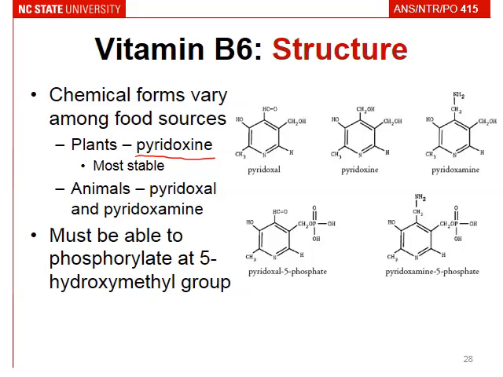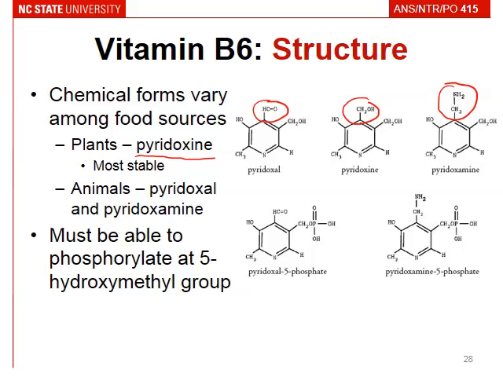So pyridoxal has this aldehyde. We have the hydroxyl group on our pyridoxine, and then we have our amine group on our pyridoxamine. The critical thing for all three of these structures to be active is that we have to be able to phosphorylate at the 5-hydroxymethyl group.